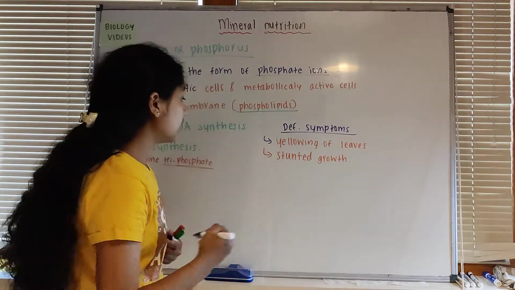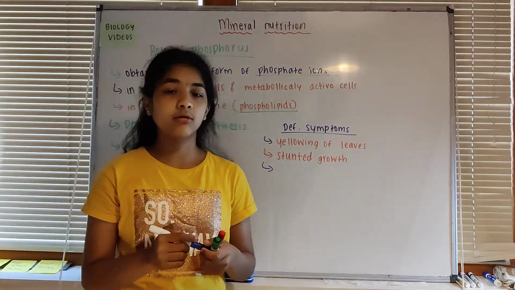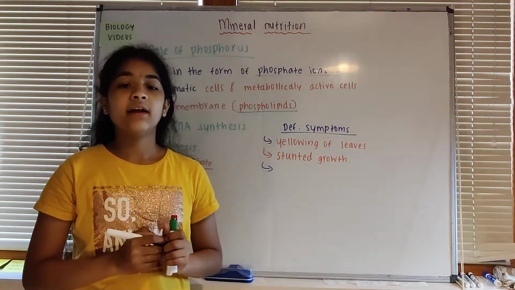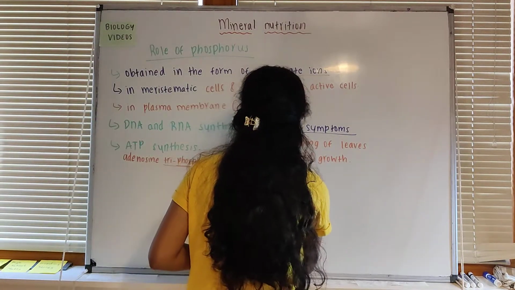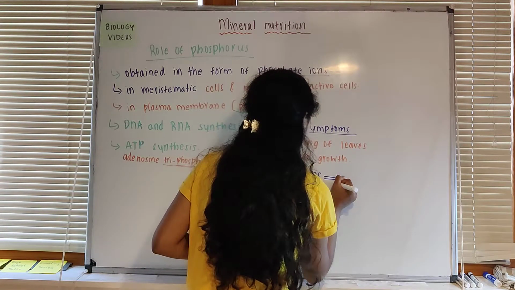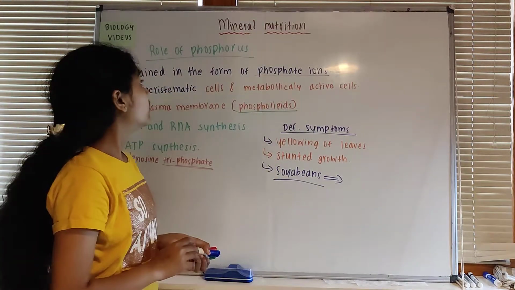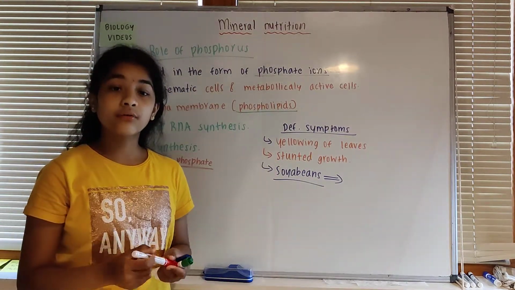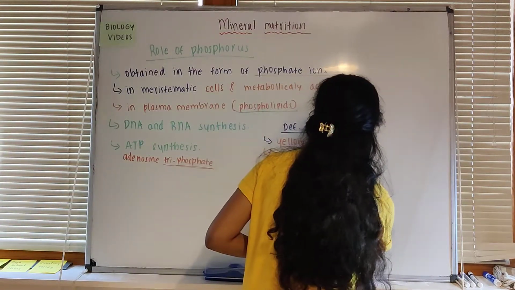The next thing is very strange and peculiar, and very rare. It is only present in soya beans. When there is a deficiency of phosphorus, there is a lot of carbohydrate accumulation rather than protein accumulation.